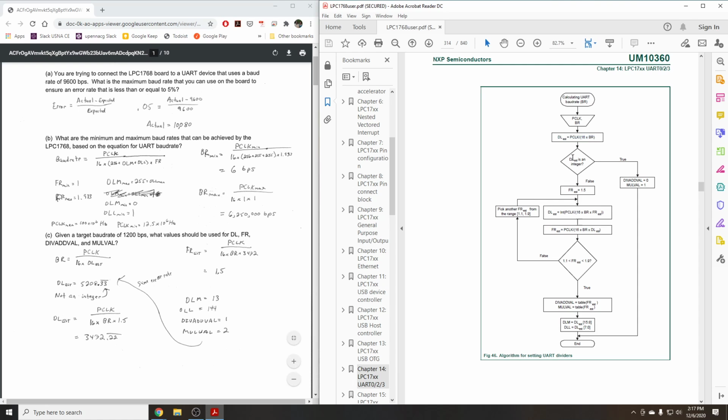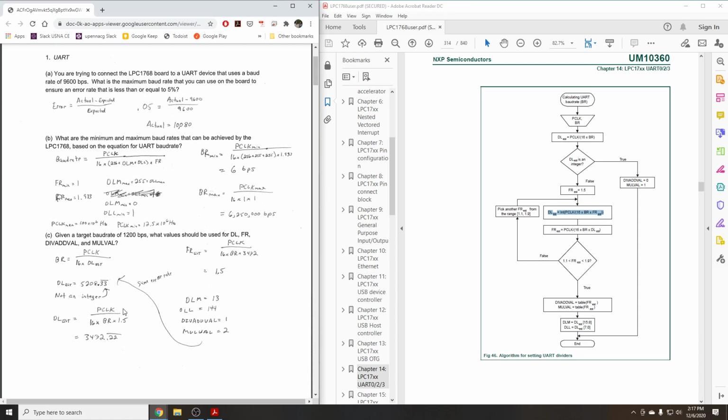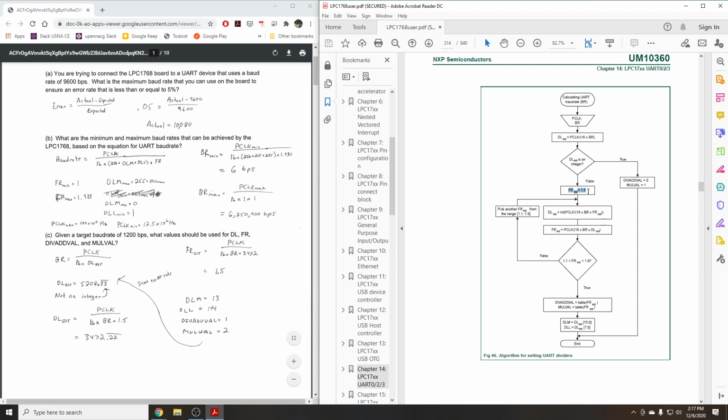So here we ask: is DLest an integer? If it's not, then we're going to set FRest to 1.5. We're going to use the DLest equation given here in the manual to estimate what our new value for DLest should be. So we do PCLK over 16 times baud rate times 1.5.